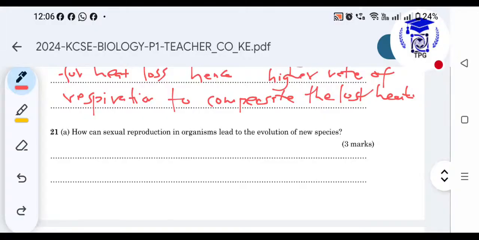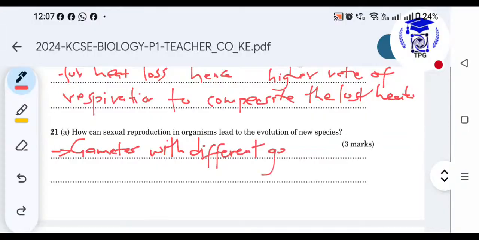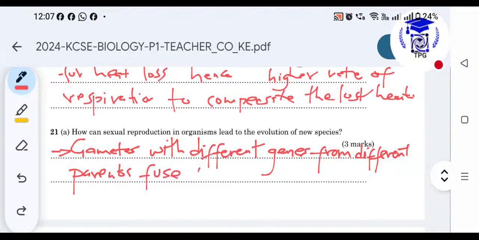So it is through gametes with different genes from different parents fuse to form new offsprings.